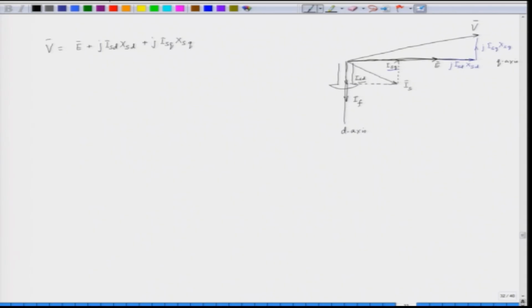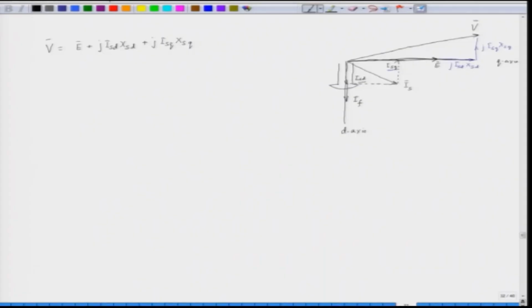Since we have two different reactances, we have to multiply each reactance with the corresponding current, x s d with I s d, and x s q with I s q, and that will give us the total voltage V.